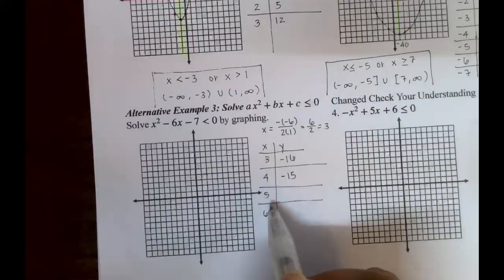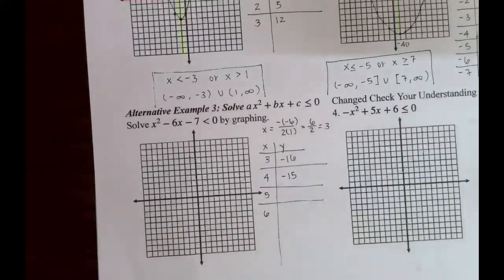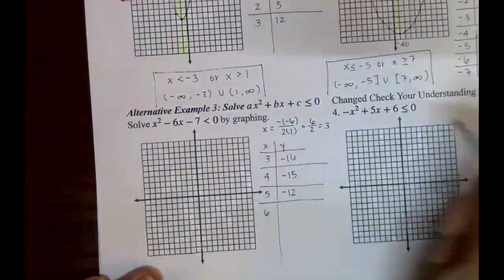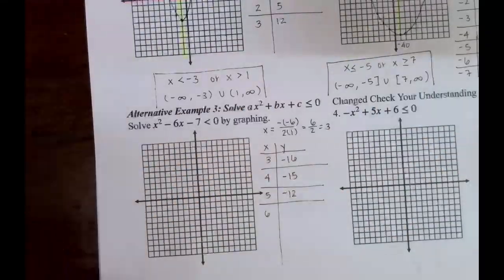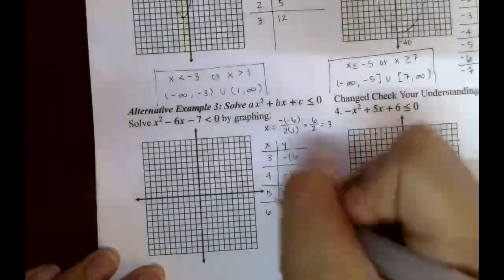Then I'm plugging in 5, 5 squared is 25, negative 6 times 5 is negative 30, minus 7 is negative 12. Right. Plugging in 6. 6 squared is 36. Negative 6 times 6 is negative 36. And then minus 7. So this gives us negative 7.